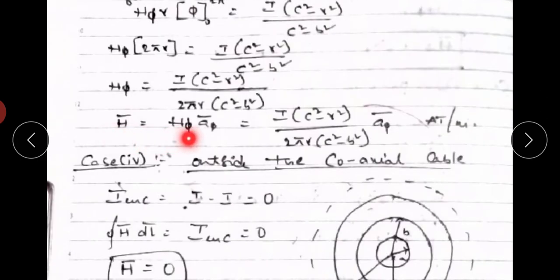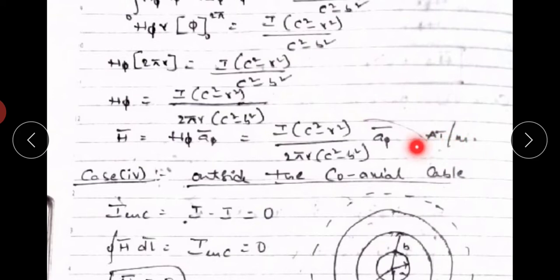Finally H bar equals H_φ a_φ bar, equals I (C² − R²) by 2πR (C² − B²) a_φ bar, ampere turns per meter.